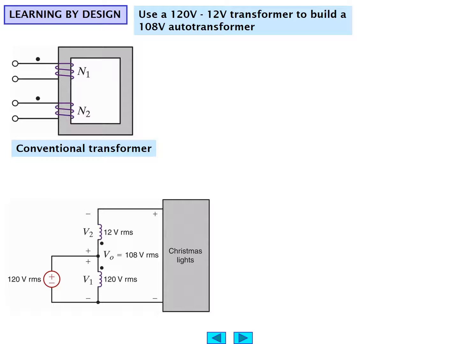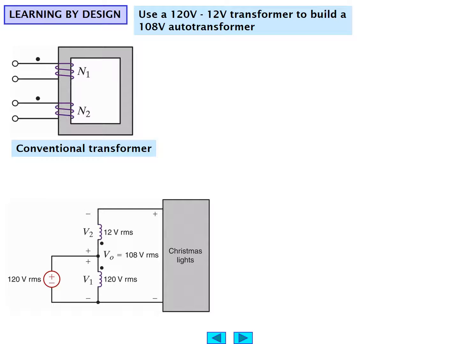If it is a 120 volt to 12 volt transformer, we can come in with 120 volts from our utility line input. We can connect that to the 120 volt winding. Let's call it the N1 winding, which would be V1 then, showing 120 volts RMS. The secondary would develop 12 volts, of course, and if we wire the secondary in series with one of the terminals of the primary, we could do so by picking the proper dot notation.